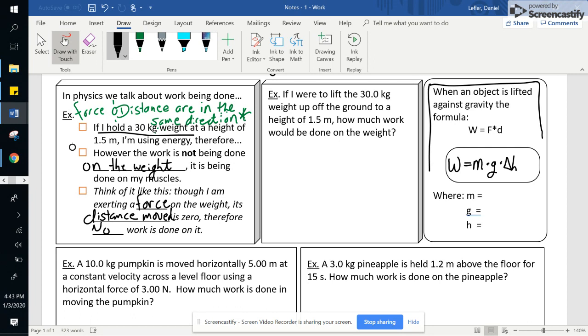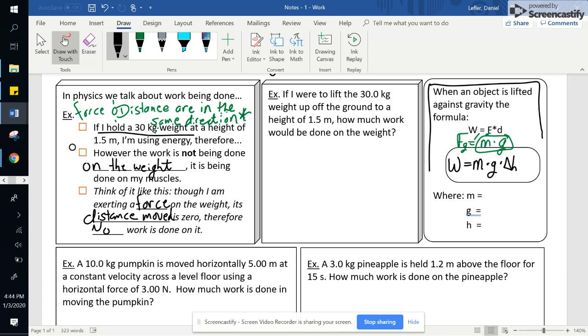If you remember back from last chapter, force of gravity equals mass times gravity. So we're just taking this part here, plugging it in, and changing it so it's in terms of height. It's really just reworking the same equation to get us something a little bit easier to use.